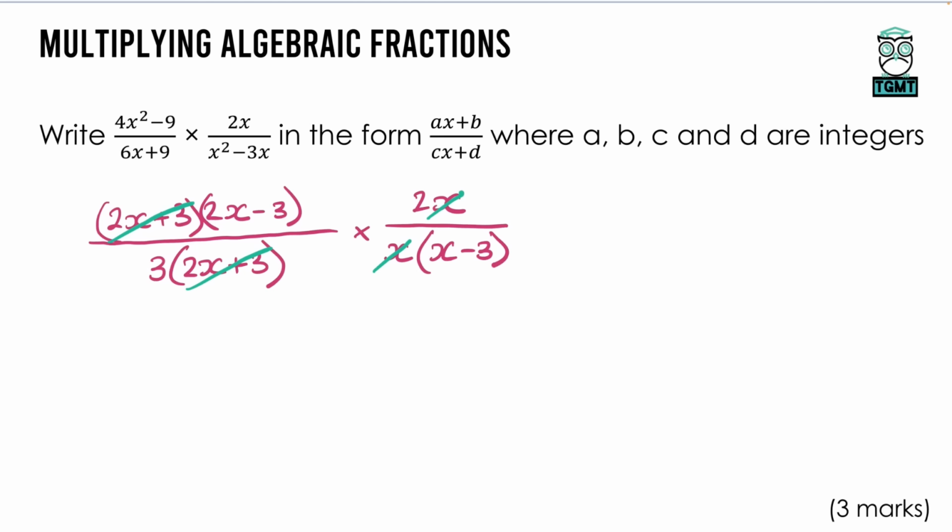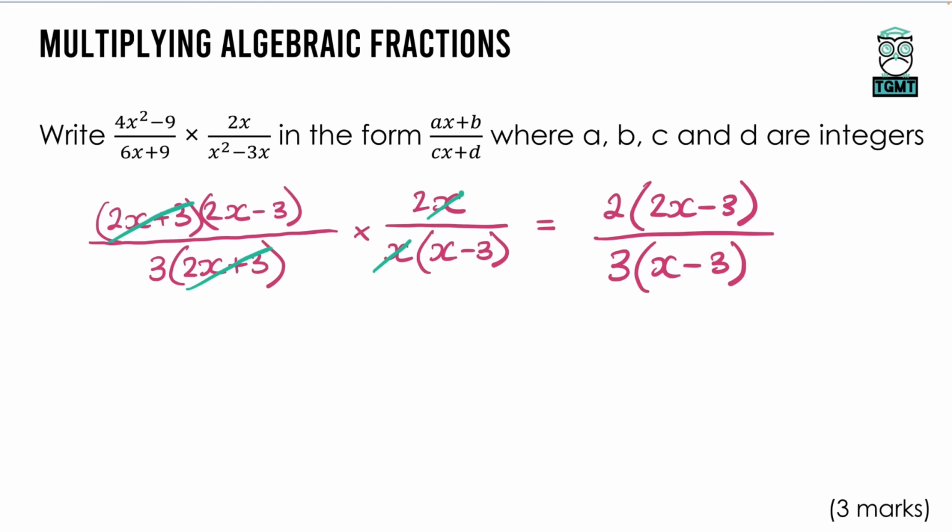Now if we times these together, now we've got rid of some things, it should look a little simpler. So we have 2 times the left numerator, we'll write that as brackets, 2 lots of 2x minus 3, and 3 times that bottom right bracket. So 3 lots of x minus 3.